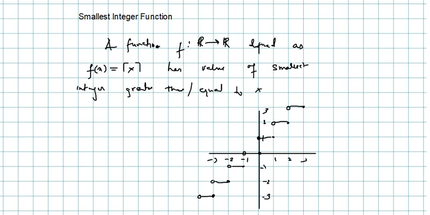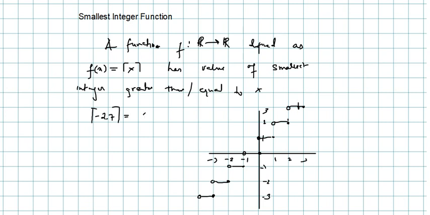So let us take an example. So if I give you an example, let's say 2.7. So where does 2.7 lie? So this is 2, this is 3. So 2.7 is somewhere here. We have to take the 3.